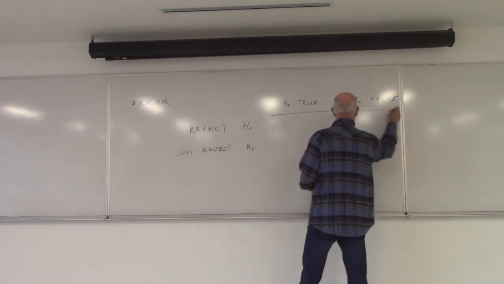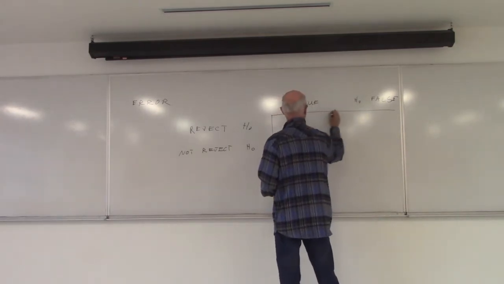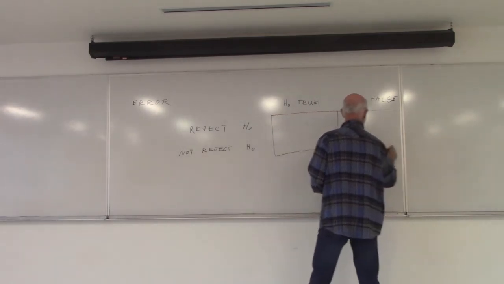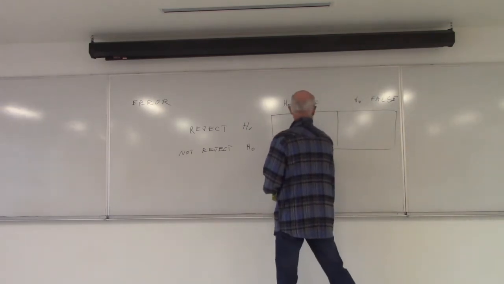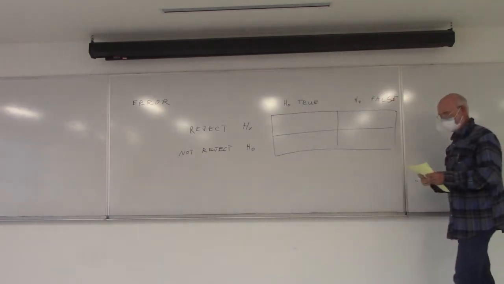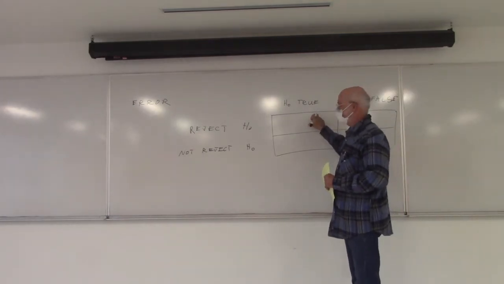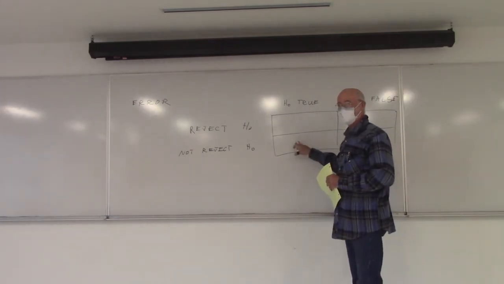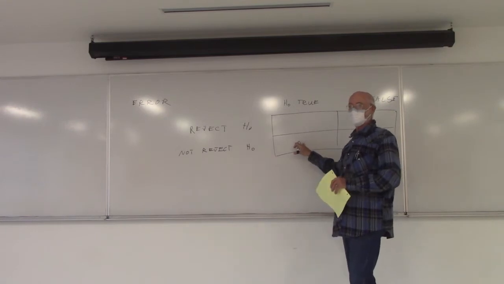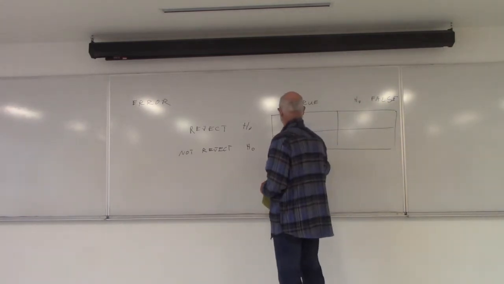Okay, so now we have our little table like this. And let's look at what happens, all right? If H naught is true and we do not reject it, that's great, no error.